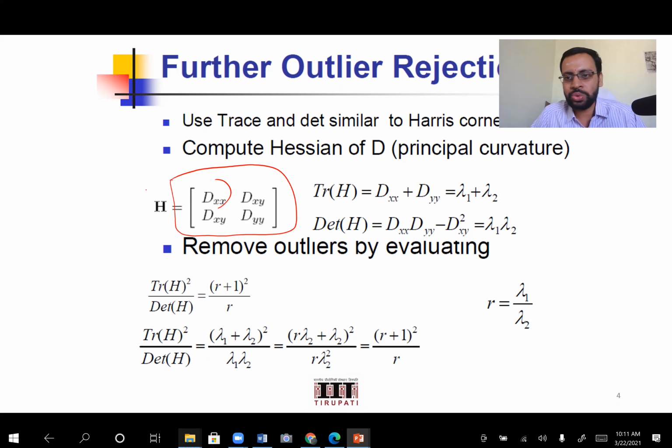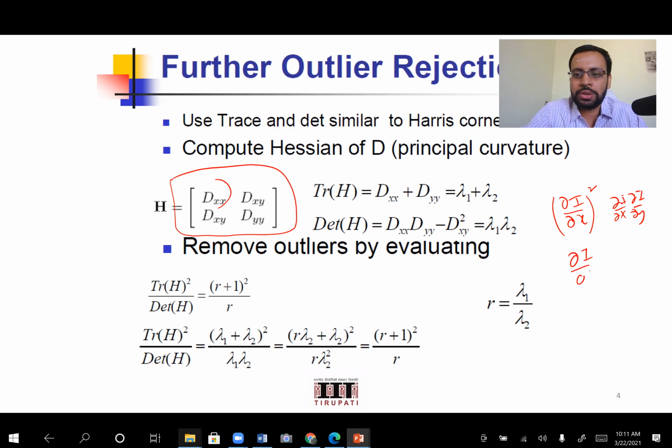So as not to confuse it with the second order moment, remember that in the second order moment you are taking dou I by dou x whole square, and then here dou I by dou x into dou I by dou y. Same thing here, dou I by dou x into dou I by dou y, and dou I by dou y whole square.